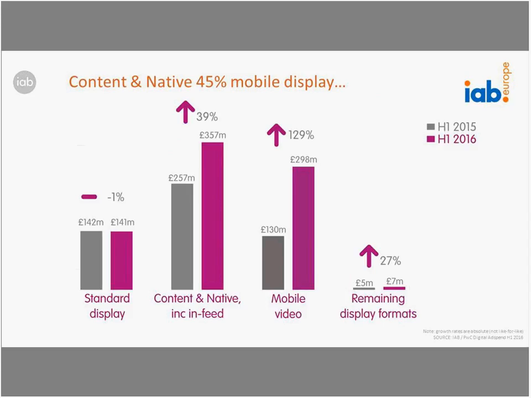That's overall display. What is interesting is what is driving those numbers, because if we look at content and native and where the growth is coming from, overall we saw a 39%, virtually 40%, growth of content and native investment spent by advertisers in comparable H1 2015 to 2016.